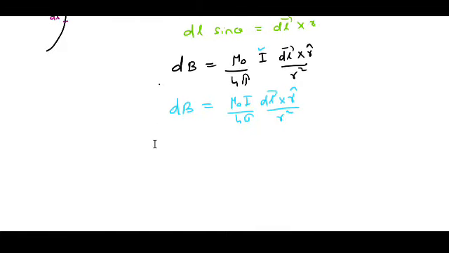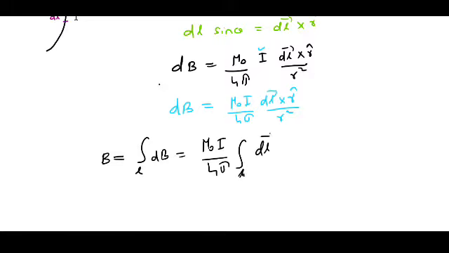And to find out the magnetic field to the whole length of the wire, I integrate this equation. That is, we can write B is equal to line integral dB, that is equal to line integral. We can take the mu 0 I by 4 pi outside, dl cross r cap by r square.